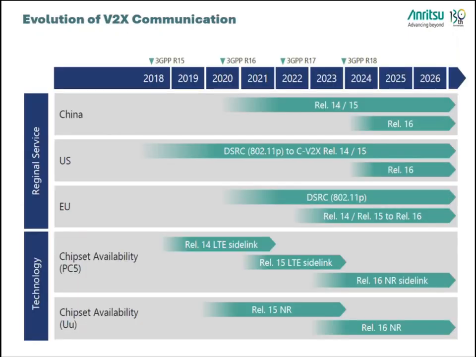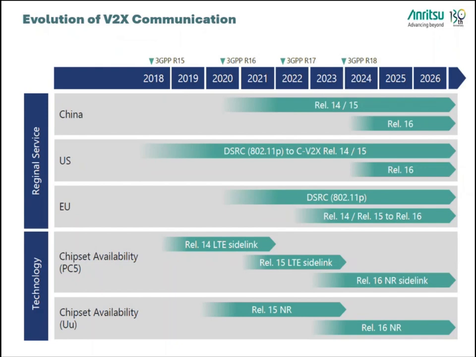So when it evolved, initially it started around 2018. And initially all the operators and vehicle manufacturers used DSRC. Due to some limitations of DSRC, they started gradually moving to the cellular based technology.